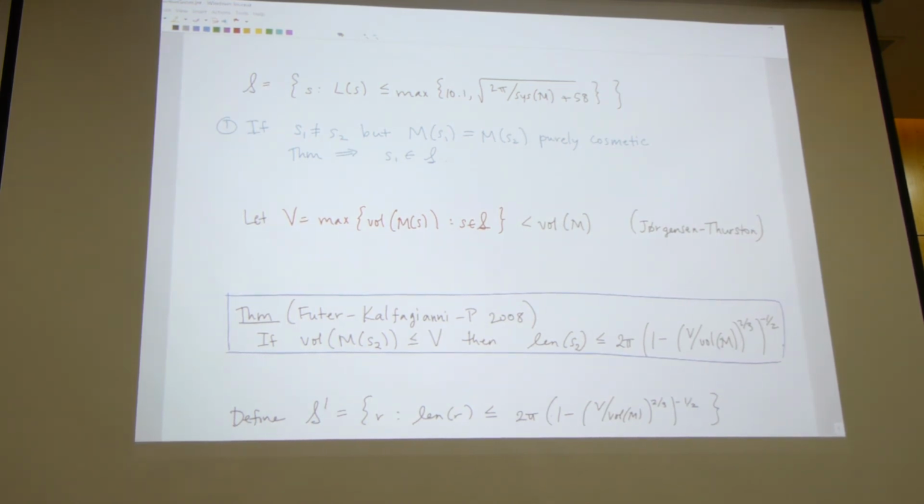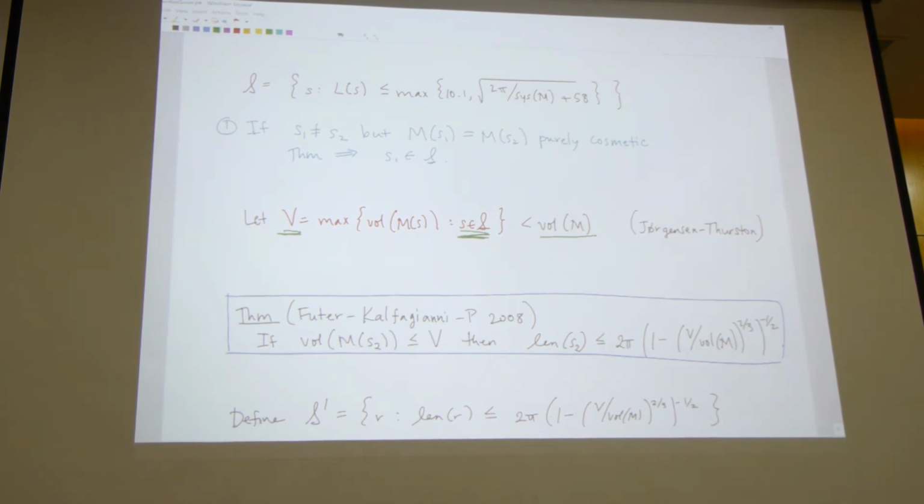So look at all the volumes of the Dehn-filled manifolds for slopes S inside curly S, and call that V. There's a finite number of things in curly S, so we take a finite number of volumes. We know by Jorgensen and Thurston that these volumes are all bounded by the volume of the original unfilled manifold.